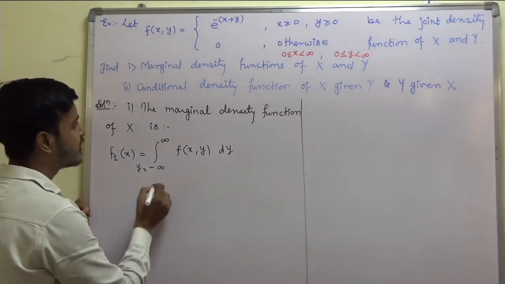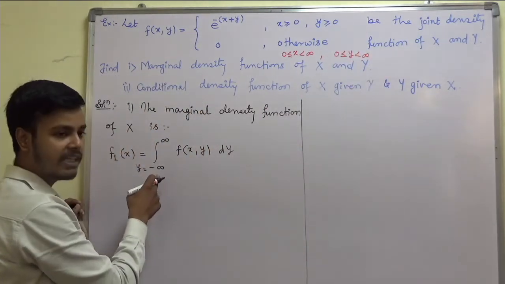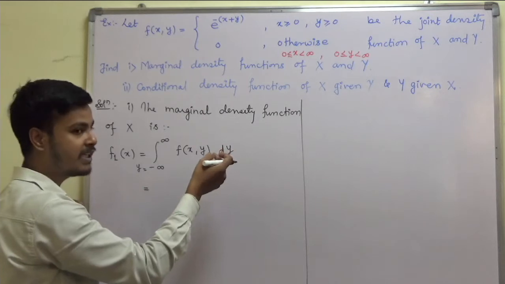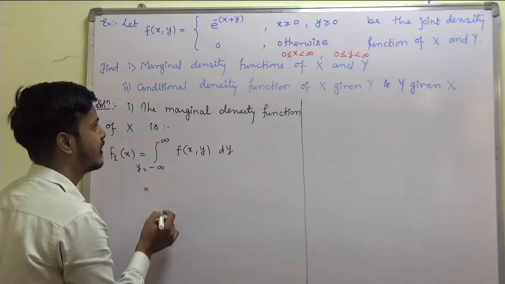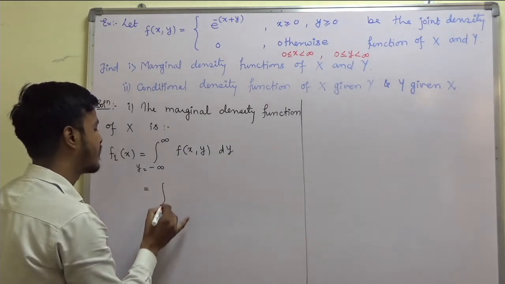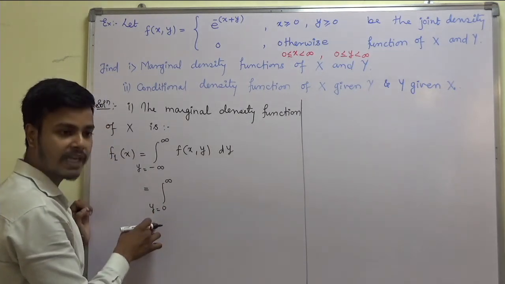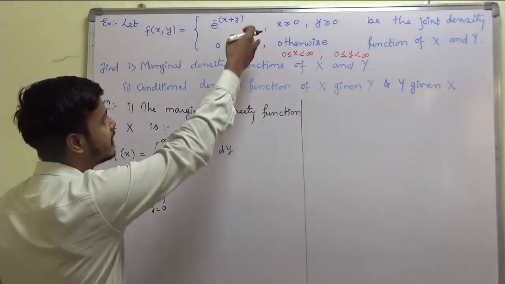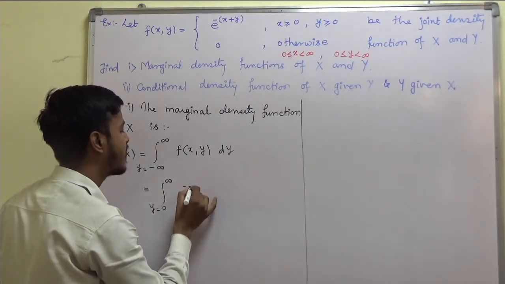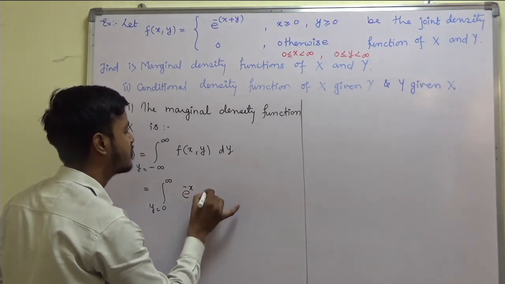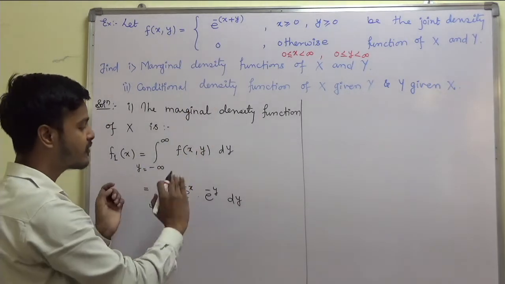But we have the value of this function only from 0 to infinity. So you can break the interval into minus infinity to 0 and 0 to infinity, but from minus infinity to 0 we don't have anything. So we start like this: integration from 0 to infinity, y equal to 0 to infinity, because we have the values for y from 0 onwards. So this is e to the power minus x into e to the power minus y dy. I am writing e to the power minus of x plus y as minus x minus y.